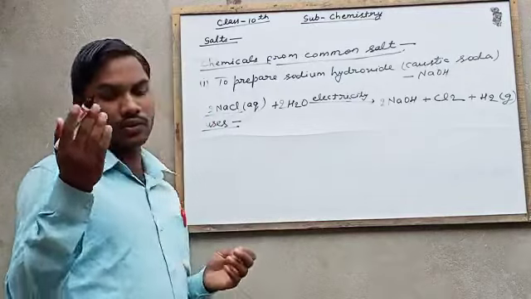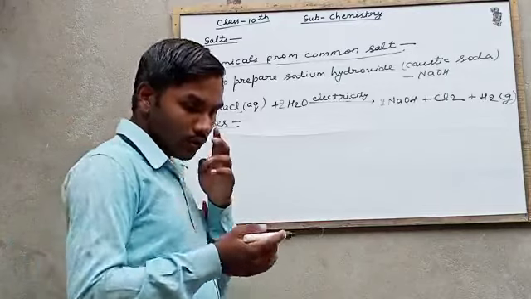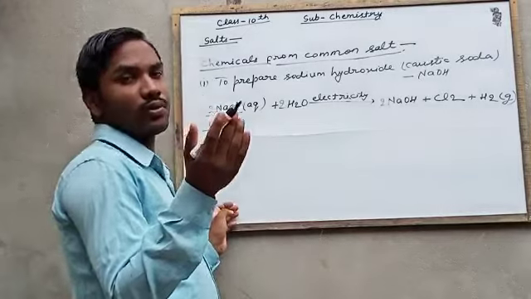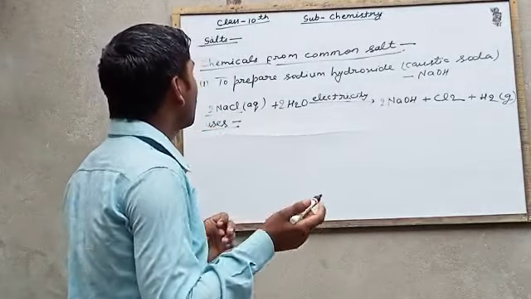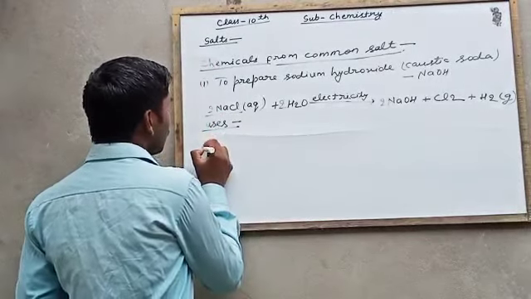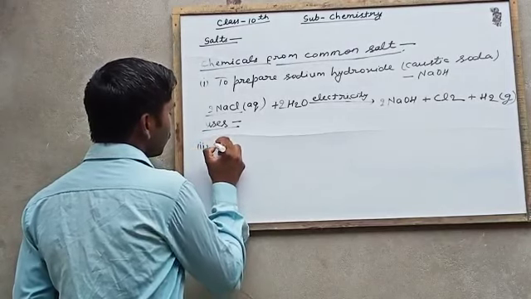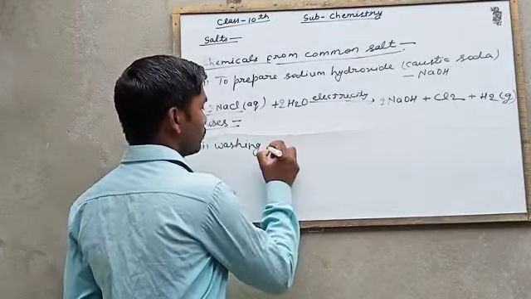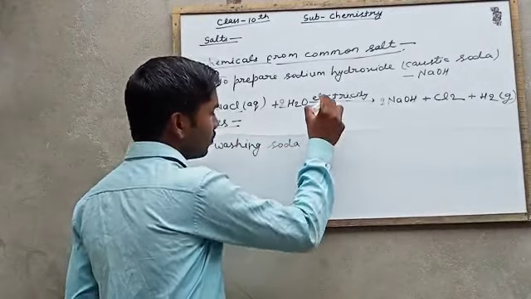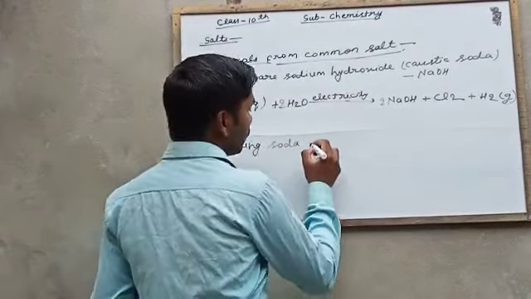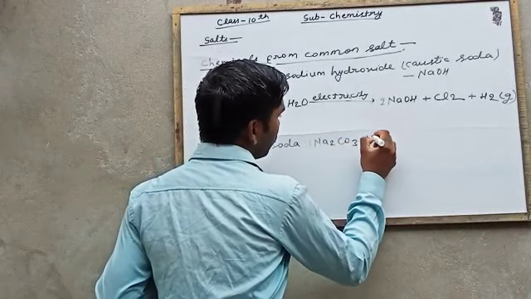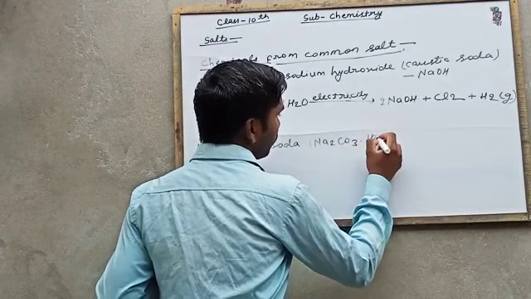After that, washing soda. Washing soda can also be formed by using common salt. So washing soda, Na2CO3.10H2O.